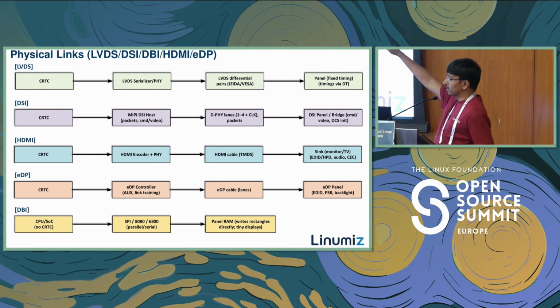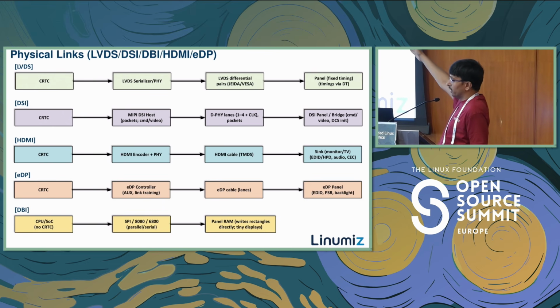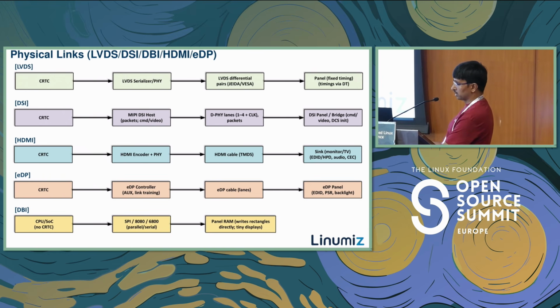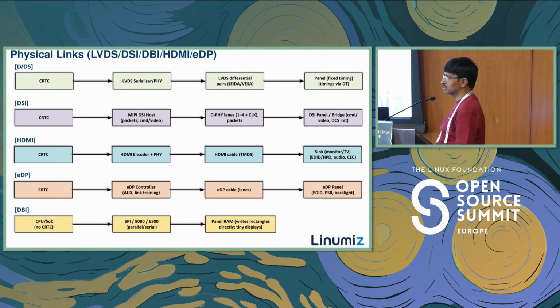The CRTC or the display controller serializes the data to the LVDS, and the LVDS has its own PHY physical layer to send the data as a differential signal driving the display itself. One additional case is DSI, where you have a DSI host controller on your IP, and then a DSI panel controller, or in fact multiple additional bridges these days.